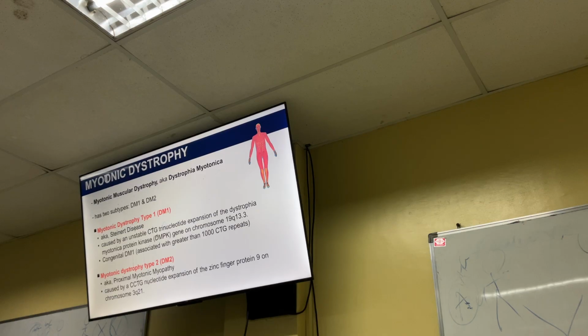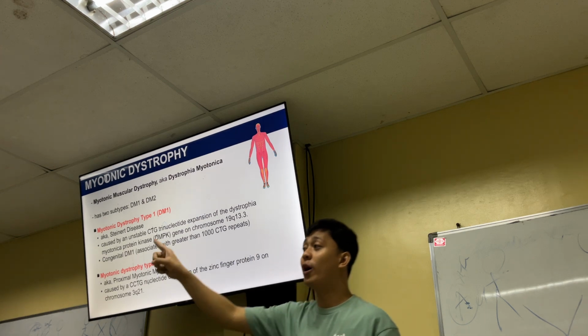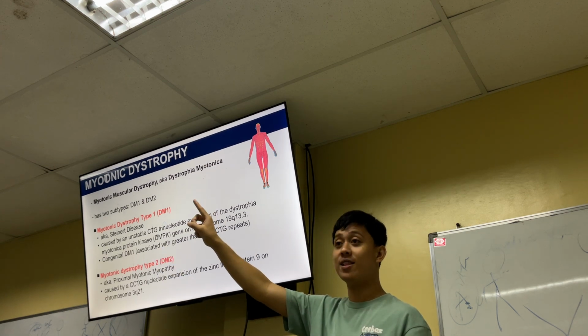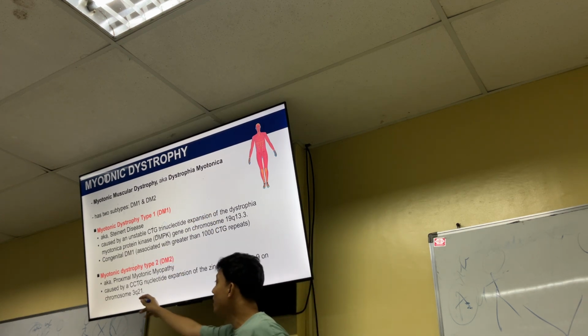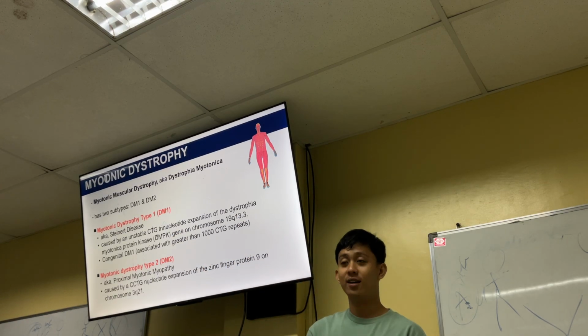For type 2 it is CCTG, cytosine, cytosine, thymine, guanine expansion. This is more on the DNA expansion, more specific. But guys, to generalize the affectation, your chromosome 3 and your chromosome 9.